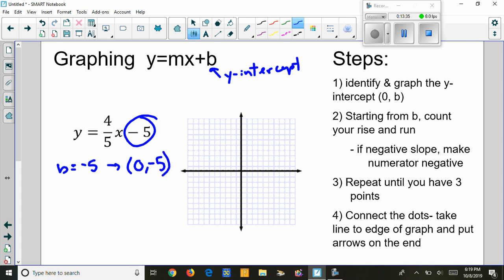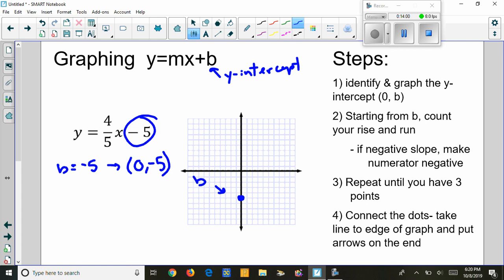I start at the origin. My x is 0, so I do not move left to right. But my y is -5, so I move down and put a dot at -5. So that was my b.